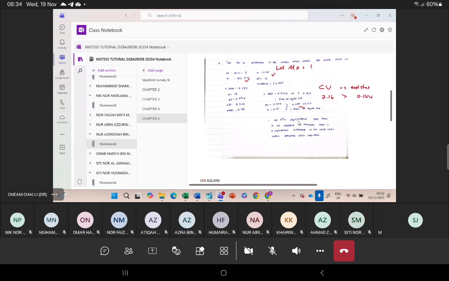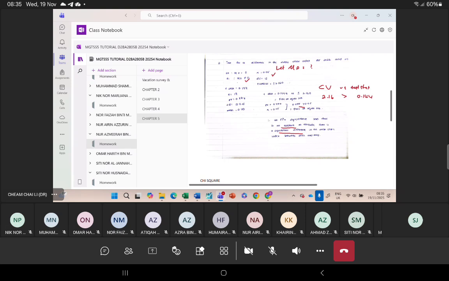At 5% significance level, there is no evidence to conclude that there is a significant difference in the mean crime index between 2022 and 2023. If you want to write it like this, there is no evidence to conclude that there is a significant difference.